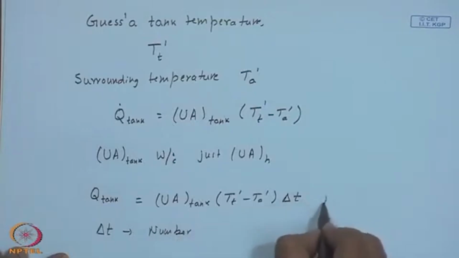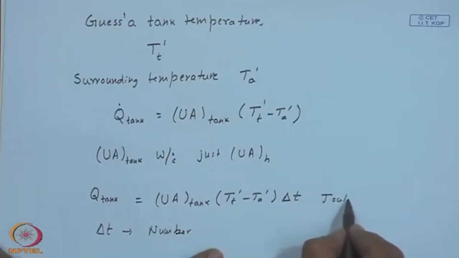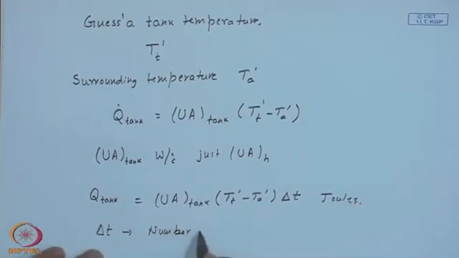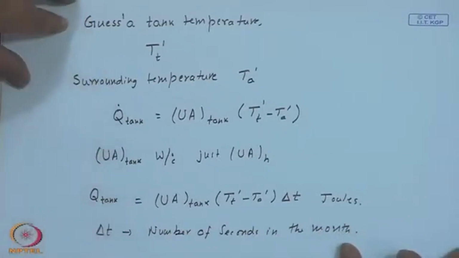This makes it joules. If U is in watts per meter square degree C, this will be so many joules, number of seconds in the month.